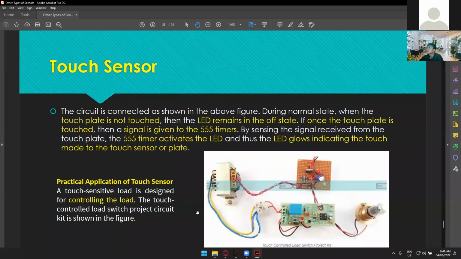Maybe through a door, if someone touches your doorknob, or, I don't know, maybe your mouse, your drawer. There are a lot of applications when it comes to touch sensors. As long as it was moved, or as long as it was touched by heat, it will detect that it was already touched. Or it could be our touchpad in our laptop. That is one great example of a touch sensor.